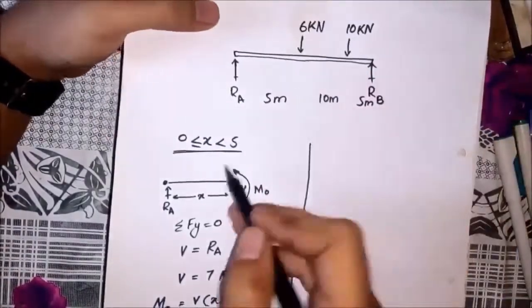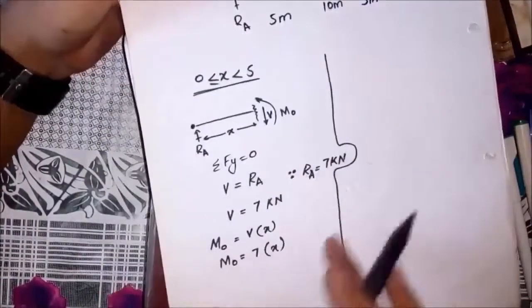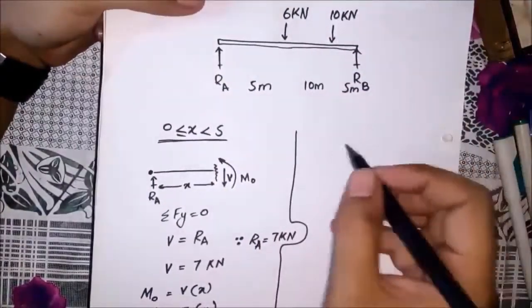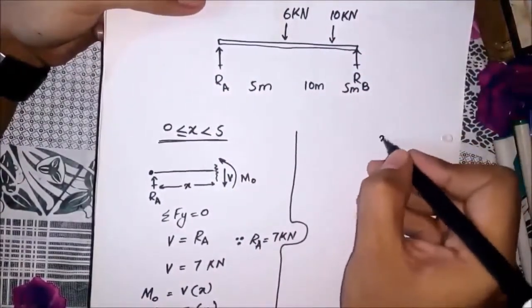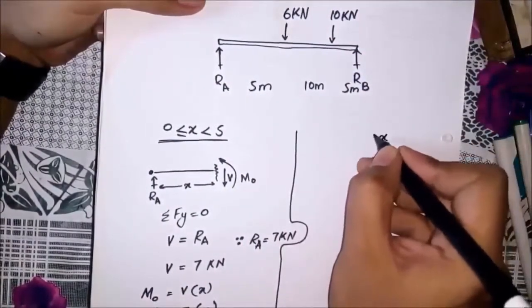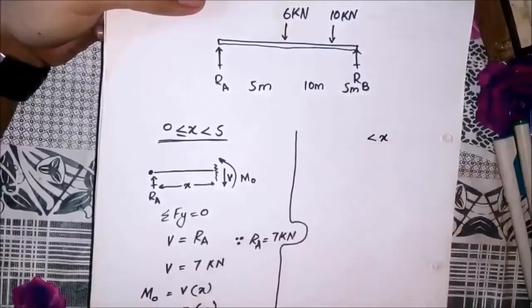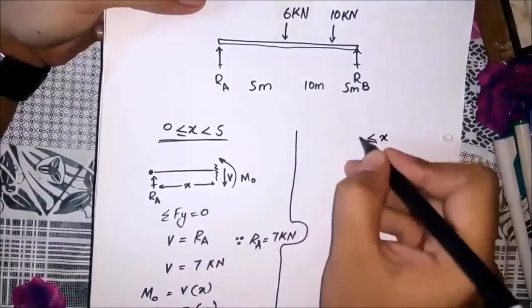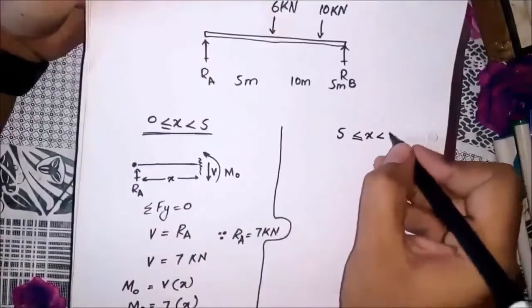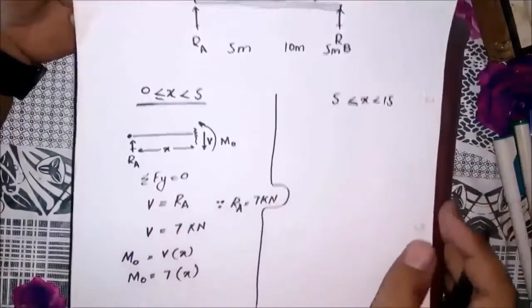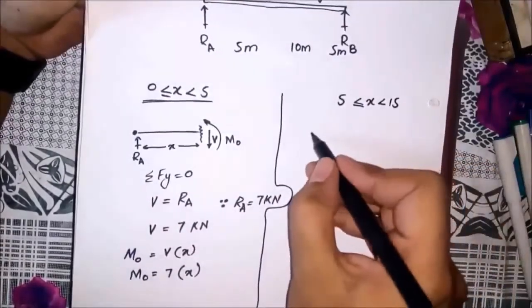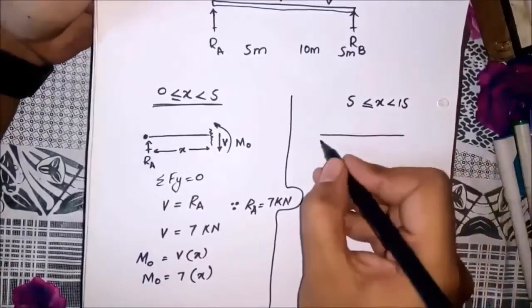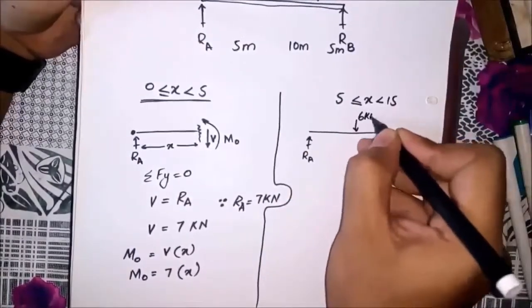Now we are going to cut the second section. This time x is greater than or equal to 5 and less than 15. I am drawing the free body diagram.